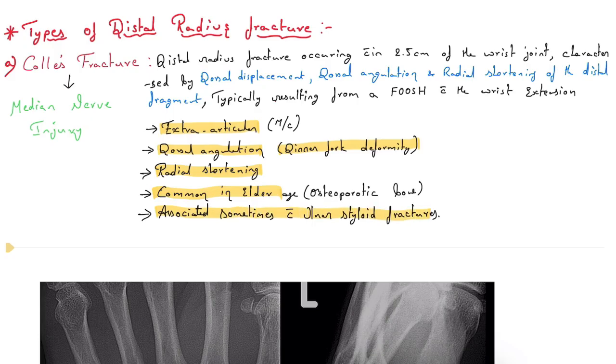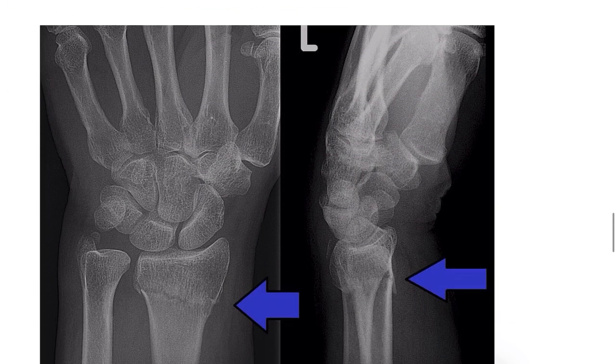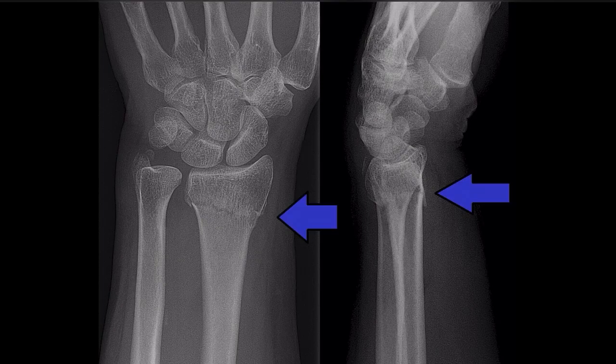Because of this Colles fracture, we can sometimes see median nerve injury. If you are seeing this X-ray, you can see this fracture is in the distal radius and extra-articular, with dorsal displacement and angulation of the distal fragments, and may be associated with ulnar styloid fractures also.